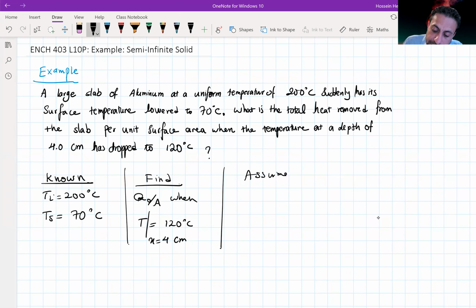In terms of assumptions, we can assume this is a semi-infinite solid. It's a large slab, and only one side of it has a change of temperature.